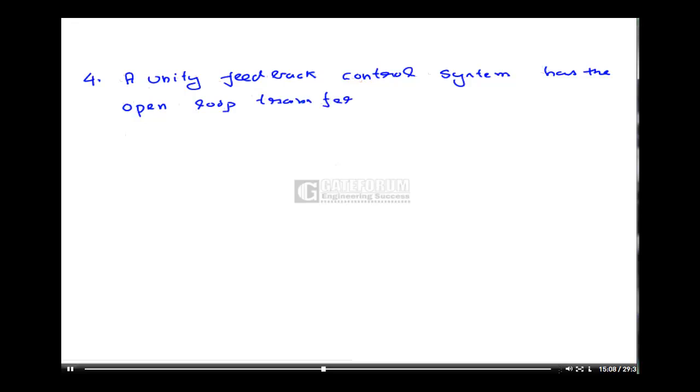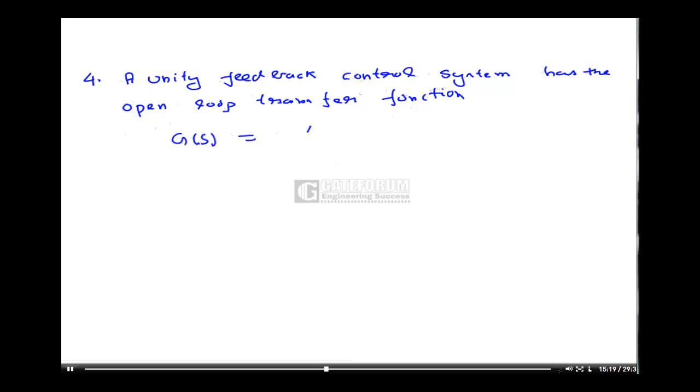A unity feedback control system has the open loop transfer function. This is of course a negative feedback. Unless and until it is mentioned about the type of feedback, assume it is a negative feedback.